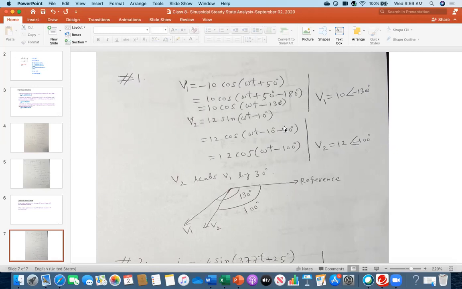By looking at the number, you can see this is 30 degree more negative compared to this one. This is minus 100, minus 130. If you think clockwise angle, definitely this is 30 degree more negative. So definitely this waveform is leading that one. Without doing these things, you can conclude just by looking.